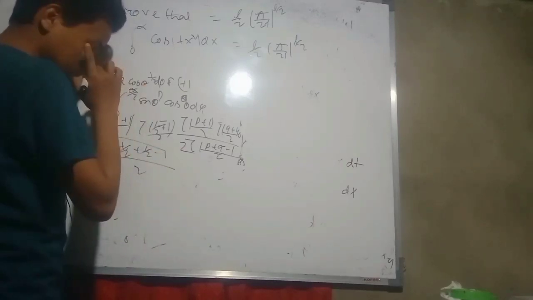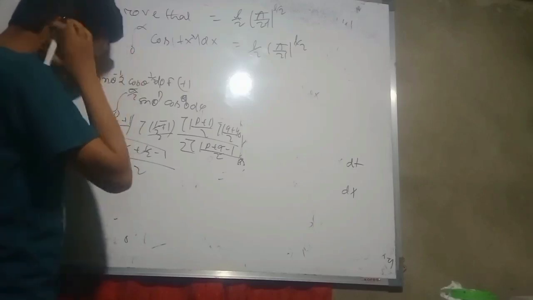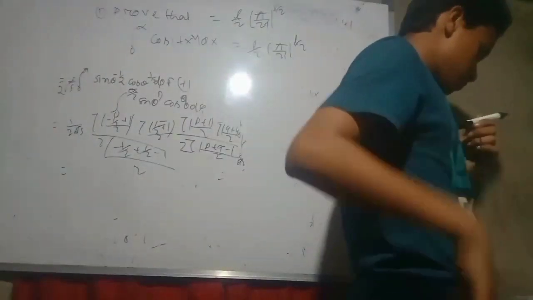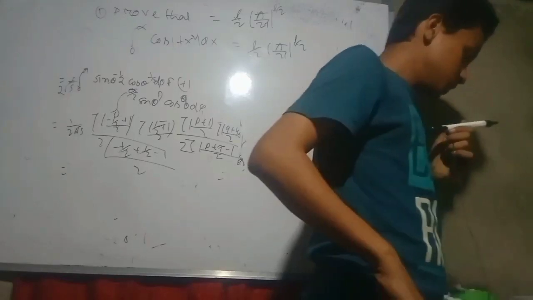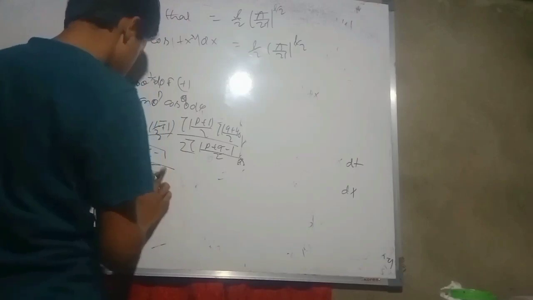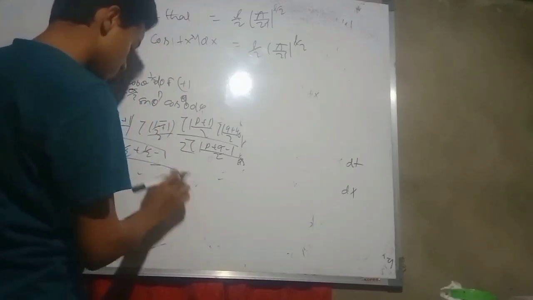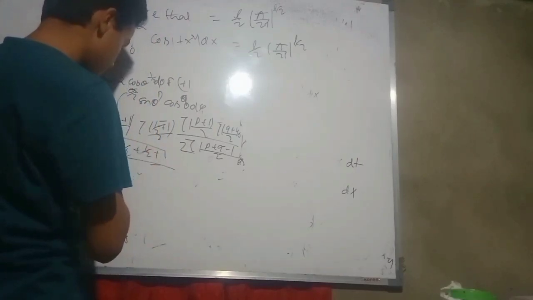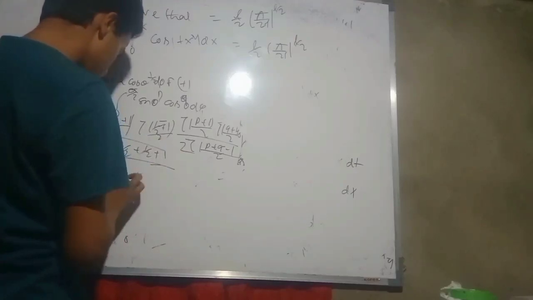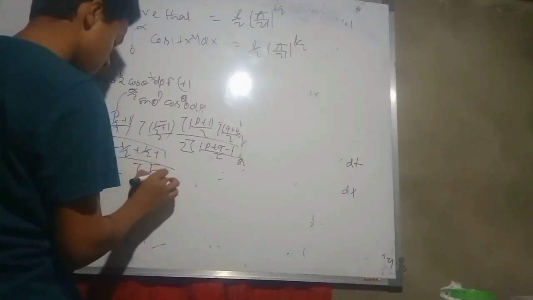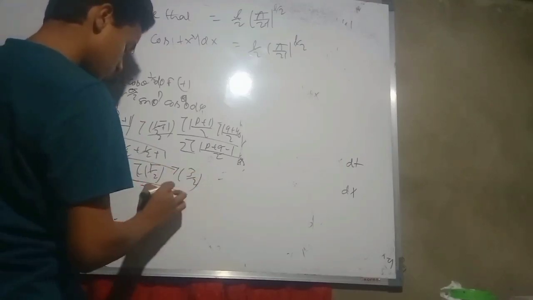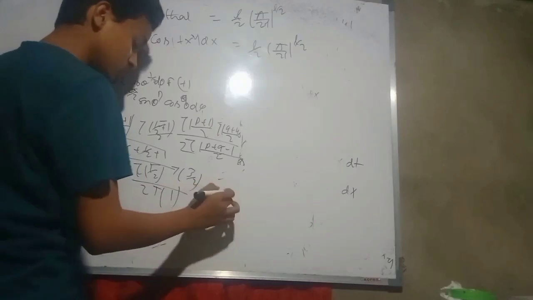Evaluating this, the minus 1 by 2 cancels, so we get gamma half and gamma 3 by 2 upon 2 gamma 1.